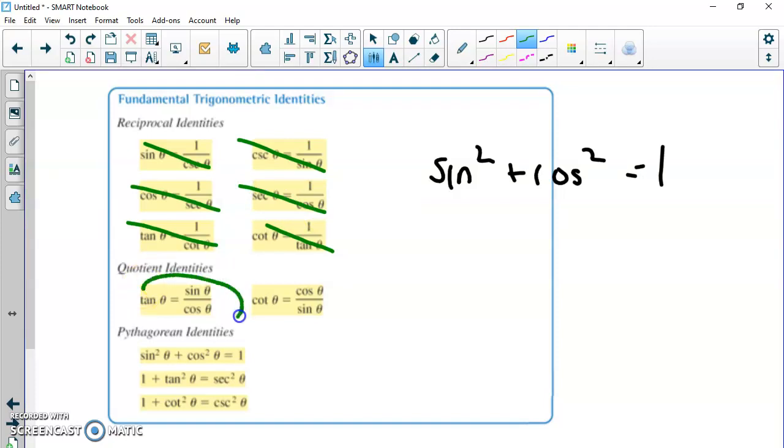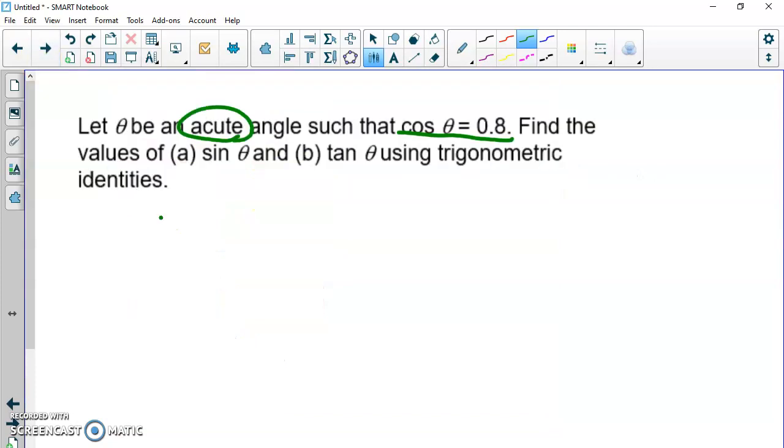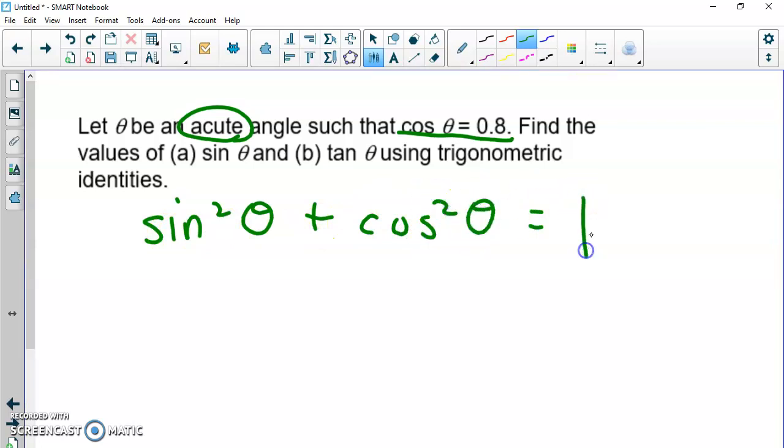This one has sine, cosine, and tangent in it, but we only have cosine right now, so that's not going to help us entirely. However, this one here has only sine and cosine, so let's use that identity to solve that one for sine of theta. So sine squared theta plus cosine squared theta equals 1.